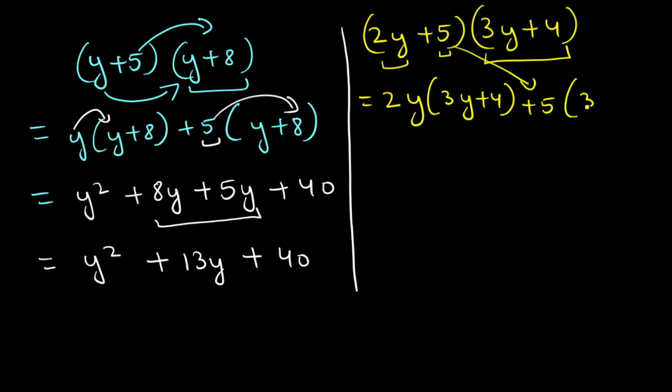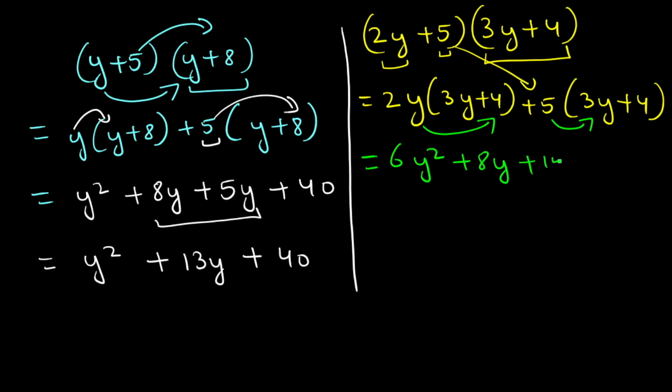Now we get 2y times 3y, which is 2 times 3 is 6, y times y is y square, and then we'll multiply 2y times 4. 2 times 4 is 8 in the y variable, and then we'll multiply 5 times 3, which is 15, and the 3 is variable y at the end, and 5 times 4, which is 20.